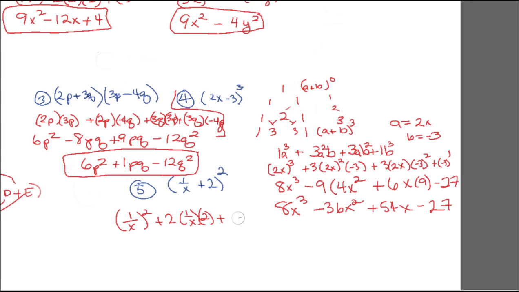I guess I should not skip steps when I'm trying to show you guys how to do this. So you get 1 over x squared plus 4 over x plus 4 is your final answer. And you're done.